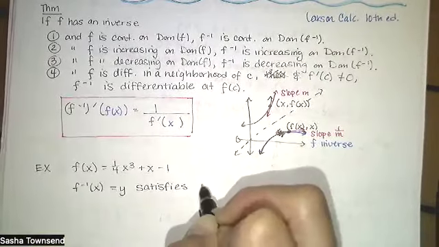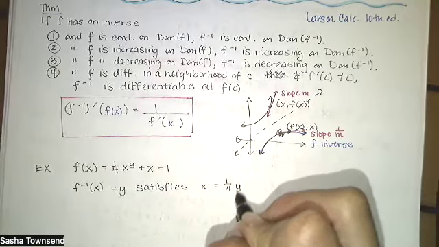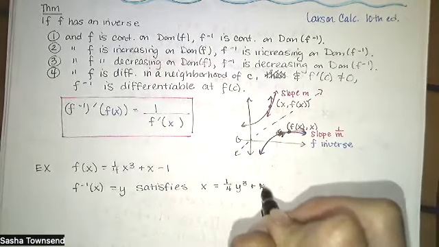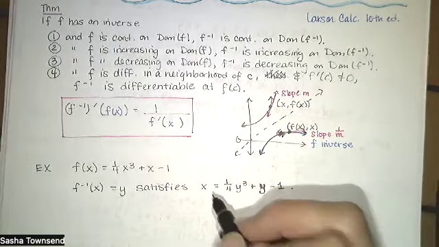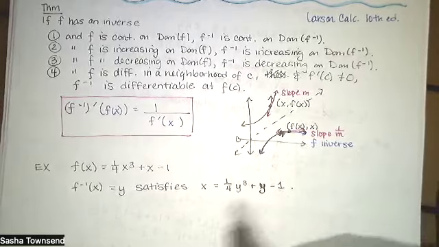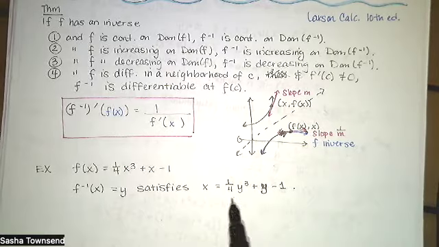You replace f of x with x, and you replace x with y. So this is a relation. It turns out to be a function, actually. And we graphed that function on Desmos.com.